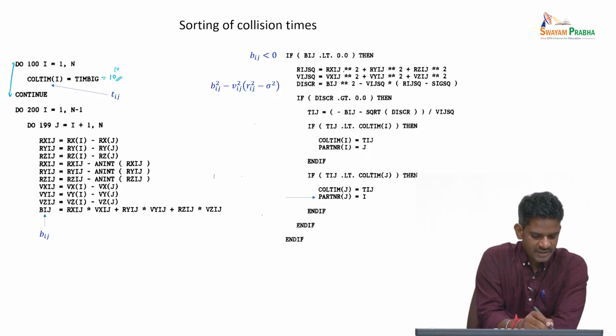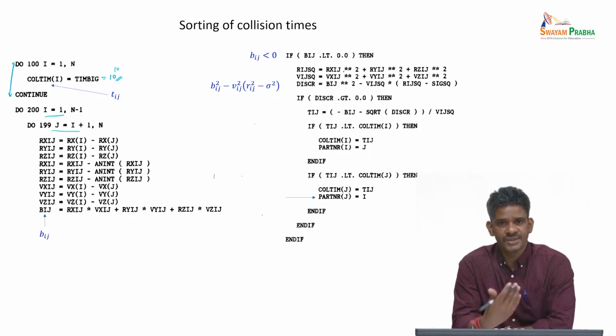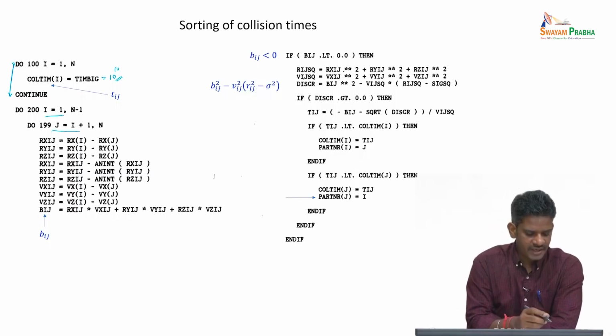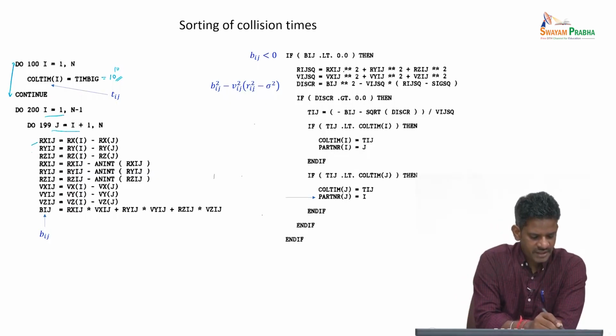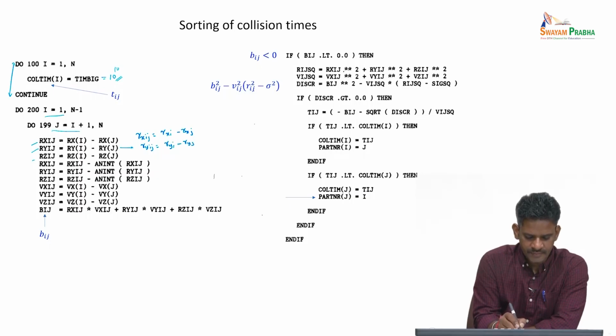Now you can see that there is going to be a double loop. This double loop is very similar to the way we do force calculation in the soft sphere model, where we find Rxij, Ryij. Rxij is nothing but Rxi minus Rxj, and Ryij is Ryi minus Ryj, and similarly for z. This is basically the vectorial component of the interparticle distance vector.